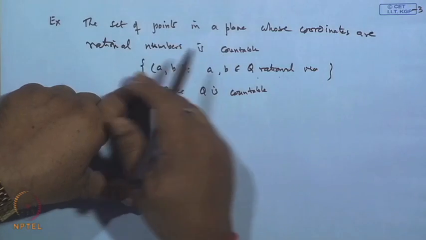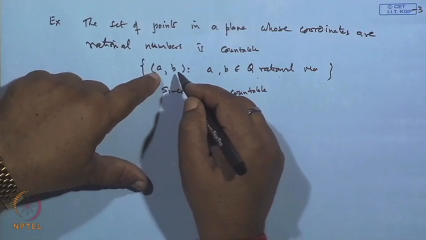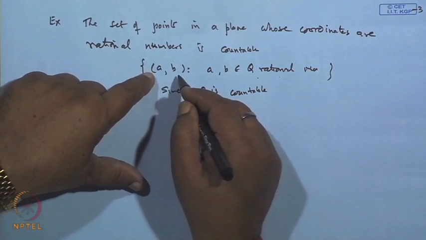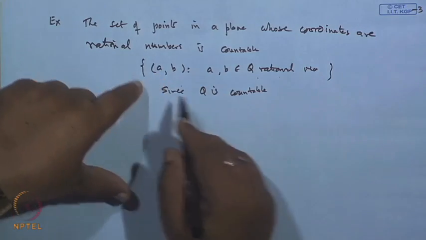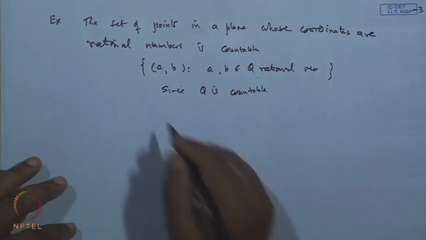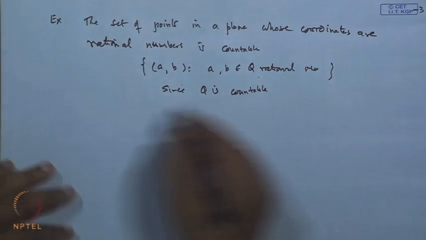So, basically it is a double, meaning coordinates, and these are rational. So, this will be a countable set, is it not? So, we can say it is countable.